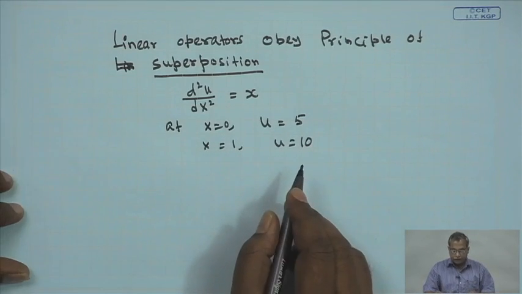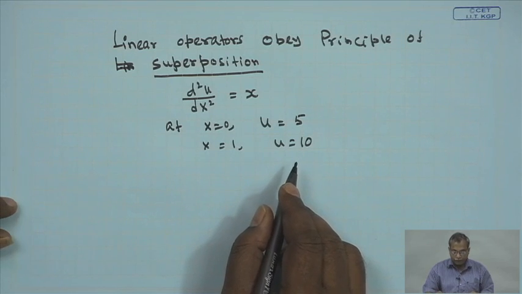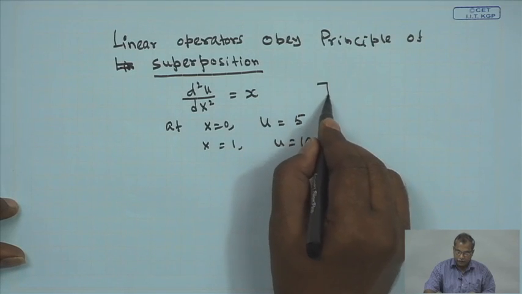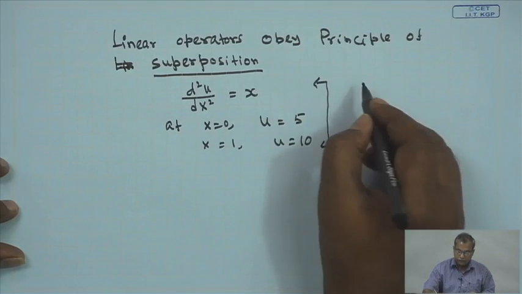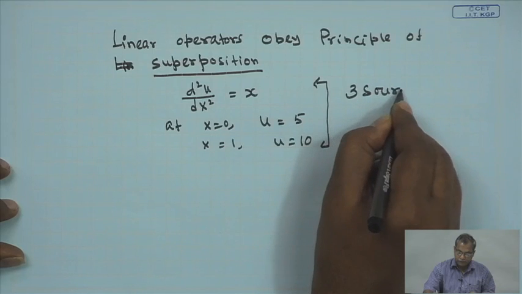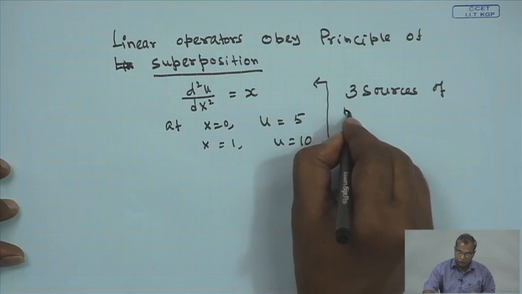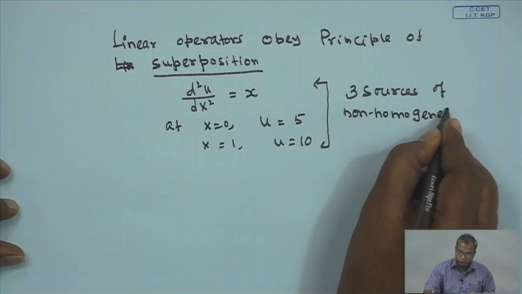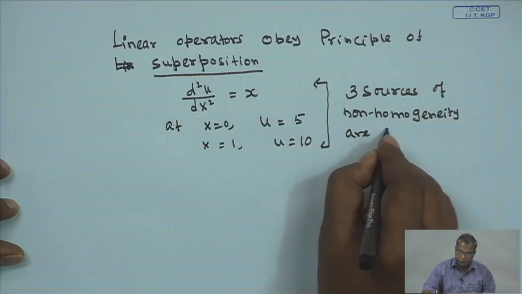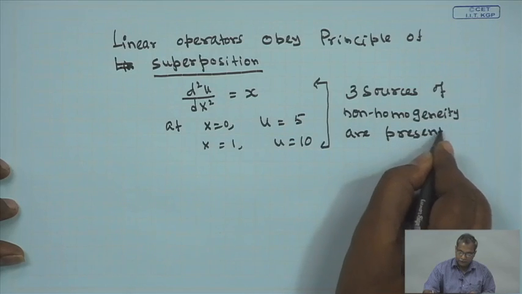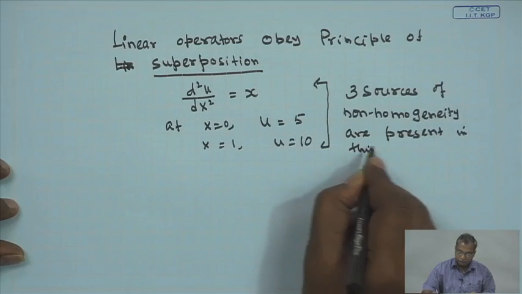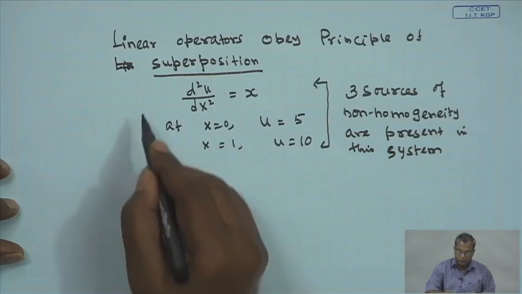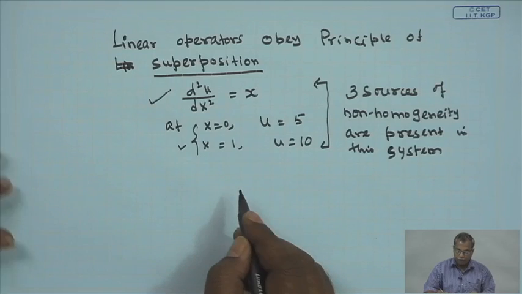Let us find out how many sources of non-homogeneity are present in this system. The system includes the governing equation as well as the boundary conditions.